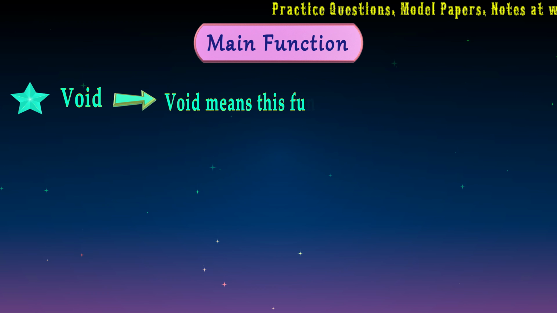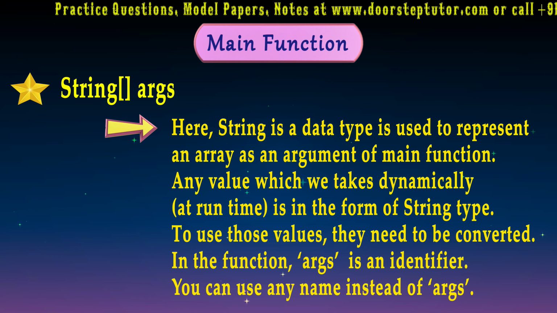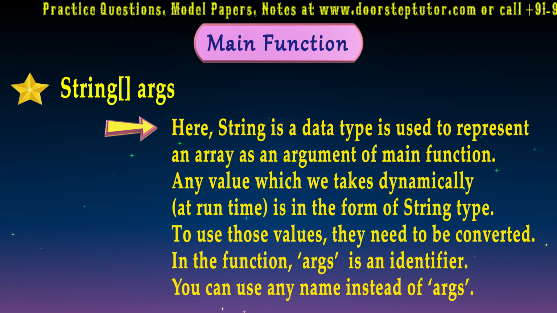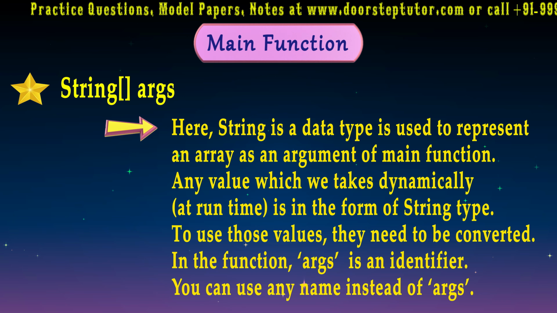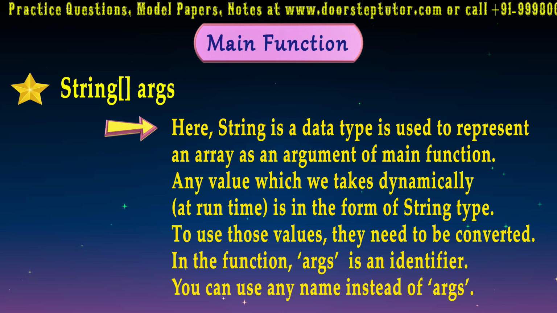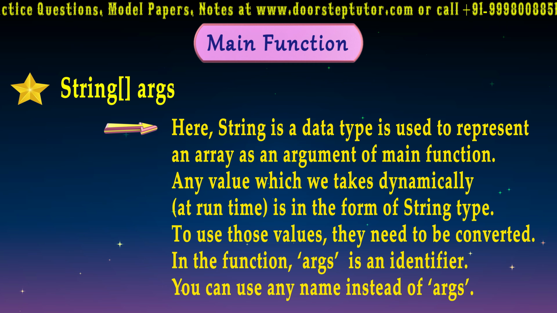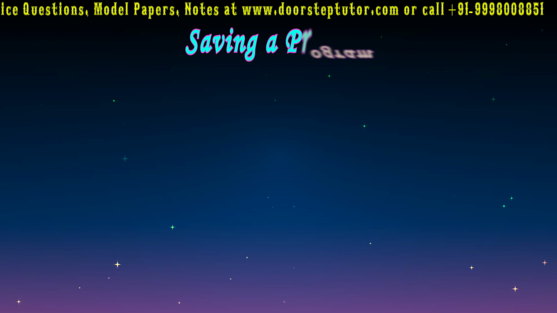In the last we have string arguments. String is a data type with a capital S. Then it is a kind of array, that is why we have mentioned brackets over here. It means that it will take the arguments. Args is an identifier over here. So finally, after creation of a program, how do we save the file?